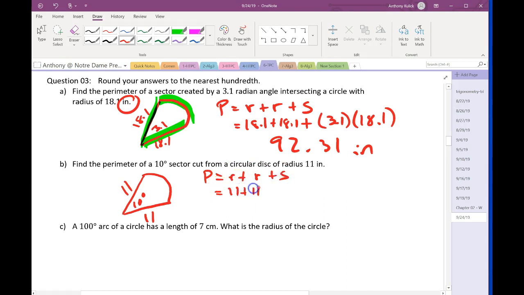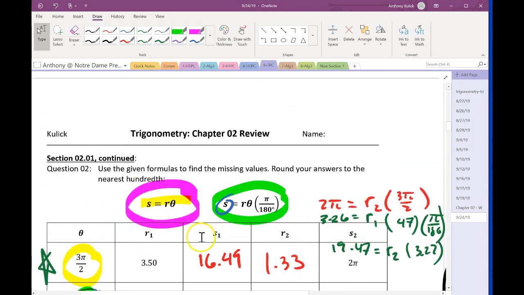Not much has changed except because I'm given an angle in degrees, I know to find my arc length, I have to use the arc length formula. So I have 11 times theta times pi over 180. So slightly different arc length formula. Again, the arc length formula I used was these ones up here.